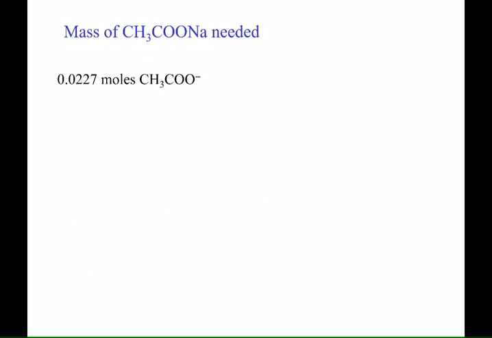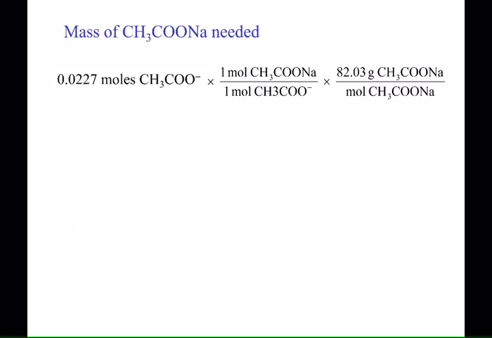So if this is our target moles of acetate ion, we can use the stoichiometry that we have 1 mole of acetate for every 1 mole of sodium acetate. That third term is the molar mass that you're still here in Chem 2 need to show me calculating the molar mass of sodium acetate: 82.03 grams per mole.